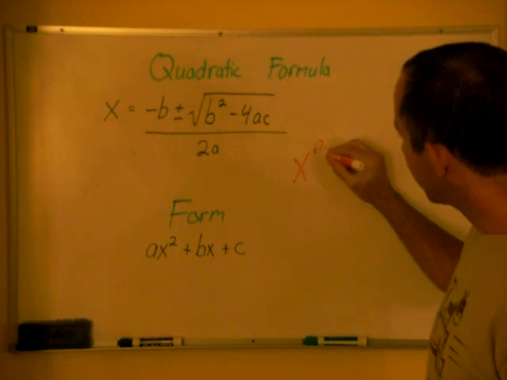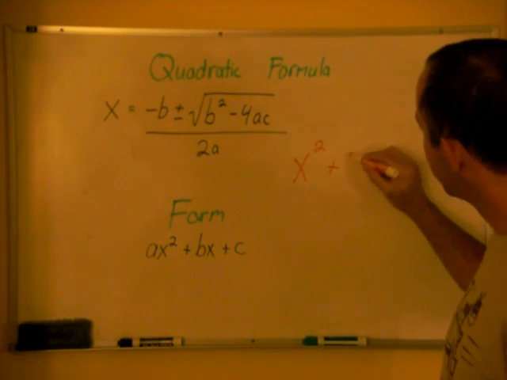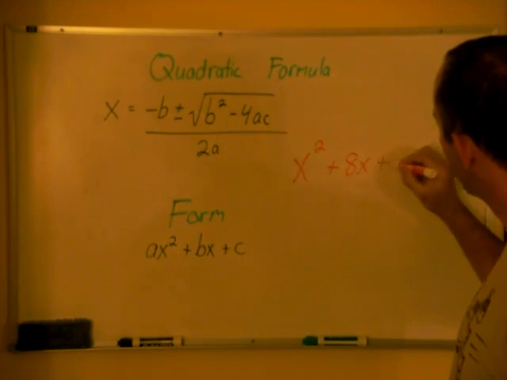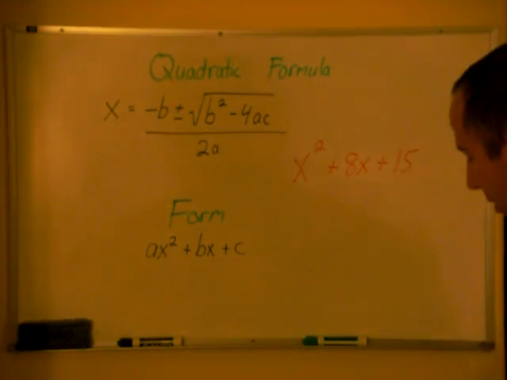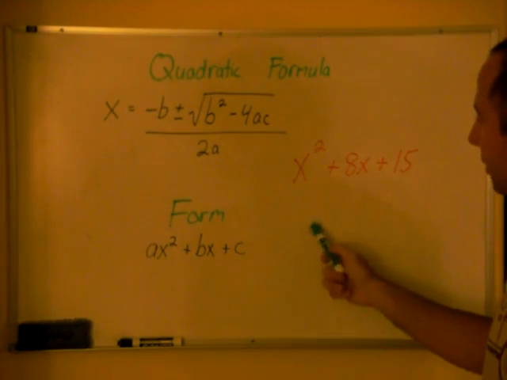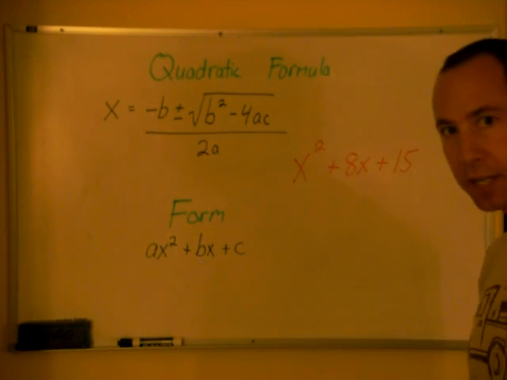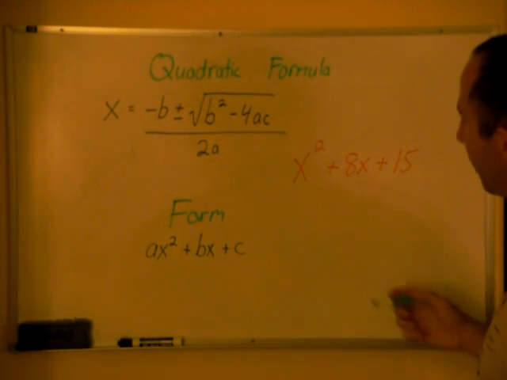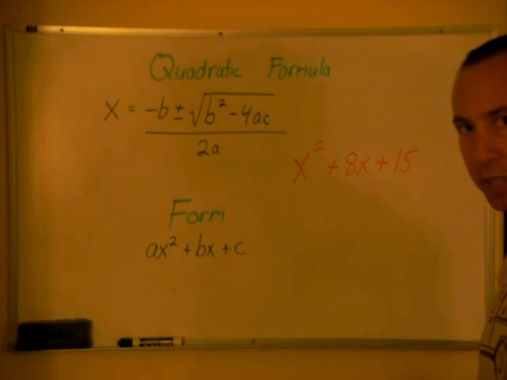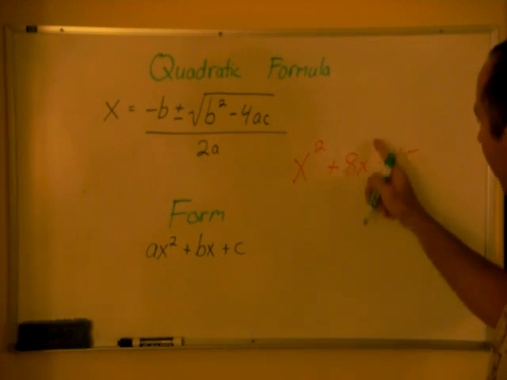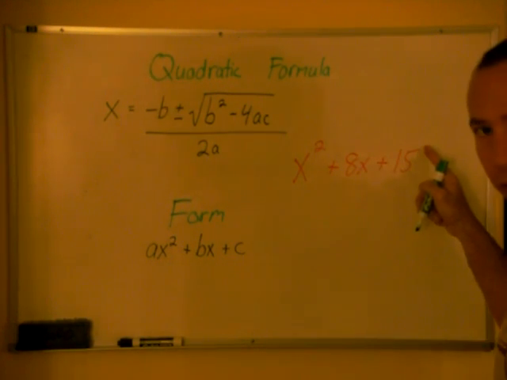For example, we'll take x squared plus 8x plus 15, and this is in this form. It's a second degree polynomial. We know that because it's got an exponent of 2 as the highest exponent, followed by 1, followed by no variable.